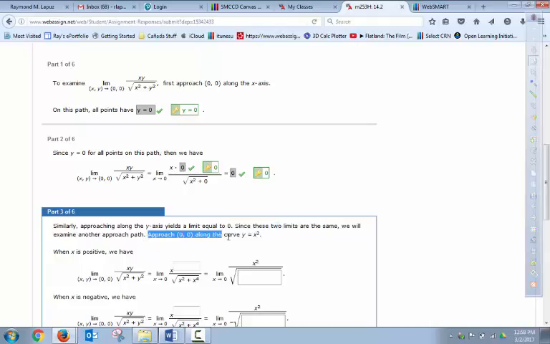We'll approach 0 along a curve, y is equal to x squared. So if y is equal to x squared, what we're going to do up here is literally put y equal to x squared. So x squared is what we want to put in here.